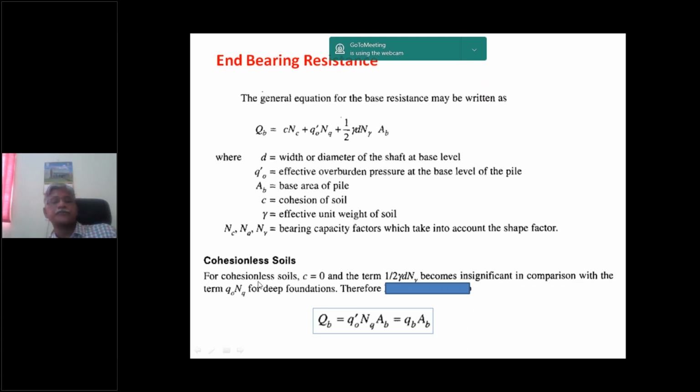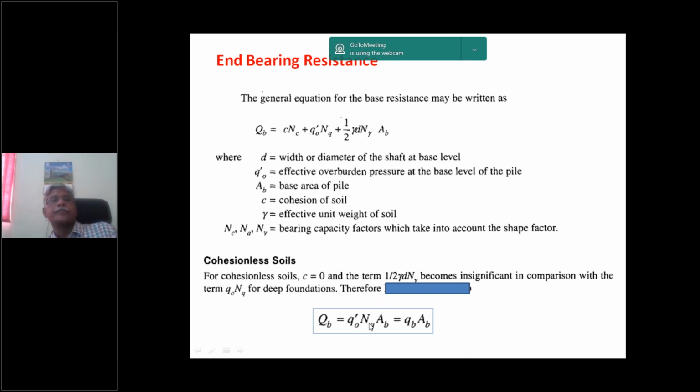In the case of cohesive soil, this end bearing resistance can be written as Q0 dash Nq AB, that is, it can be written as QB AB. QB is nothing but Q0 dash Nq. Q0 dash is the effective overburden pressure, that is gamma into the depth where we are interested to estimate the effective overburden pressure.